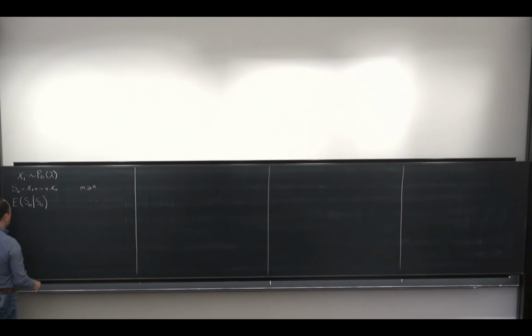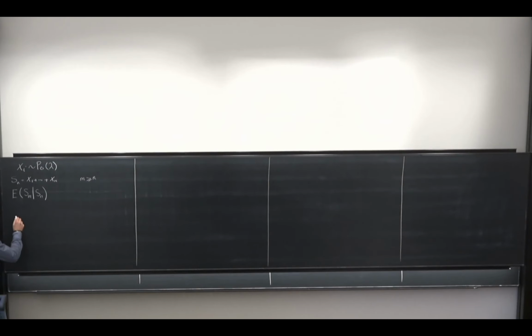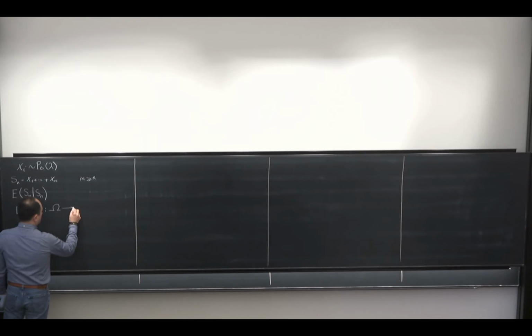Okay, so if you want to do that, let me just remind you a little bit about this notation. If you have two random variables X and Y, what is the meaning of this? Yes, what type of object is this in probability? Random variable. It's a random variable. So even though X and Y are random variables, that's a random variable. If it's a random variable, it means that it takes elements from the omega, the sample space, to R, yes?